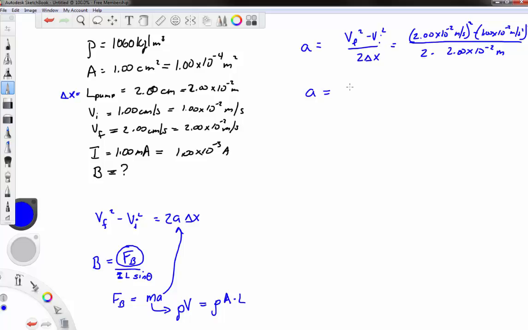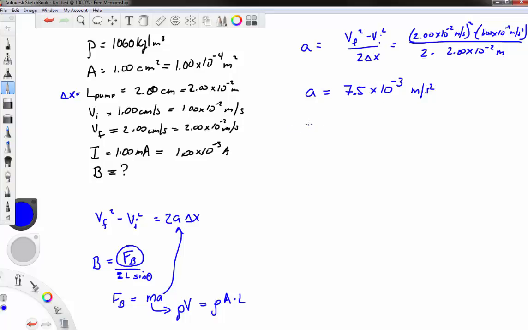Plug all that in and this stuff will be 3 times 10 to the minus 4 divided by 4 times 10 to the minus 2. So 3/4 would be 0.75, so 7.5 times 10. We had minus 4, and then over minus 2 gives us minus 2, and then another minus 1. So it's 7.5 times 10 to the minus 3 meters per second squared.